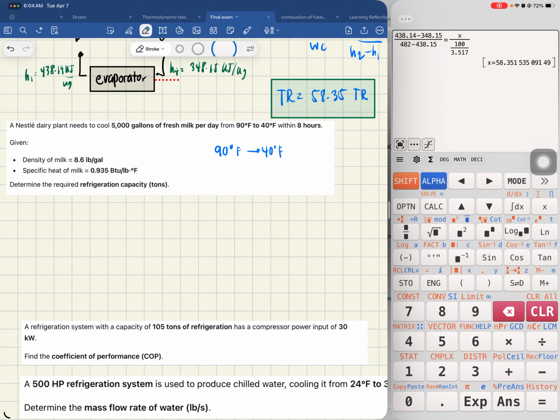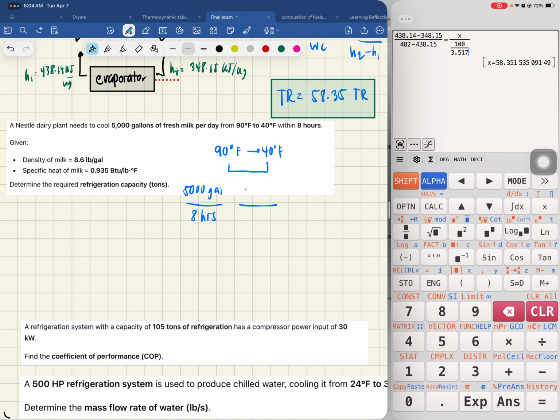The milk is only cooled, it doesn't freeze. We'll just use the CP. So we have 5,000 gallons per day, but within 8 hours. So we simply use 8 hours.